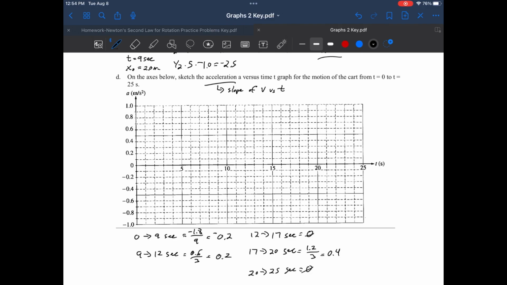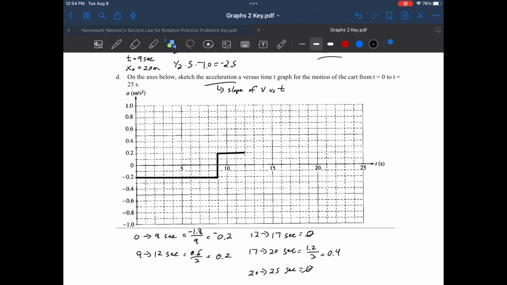We can simply graph them. From 0 to 9 seconds, we're going to graph a line that has a value of -0.2. And then we're going to go up to positive 0.2, because from 9 to 12 seconds the value was positive 0.2. And we're going to do that for 3 seconds.